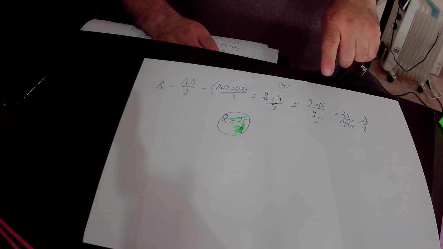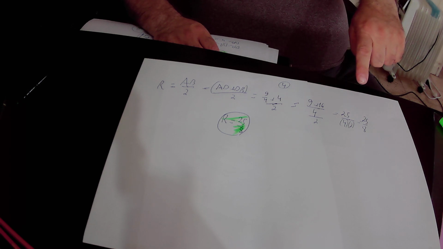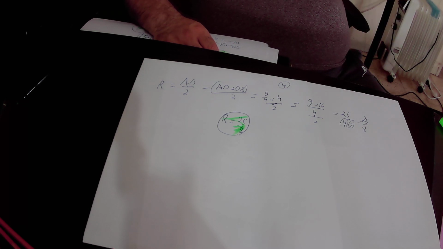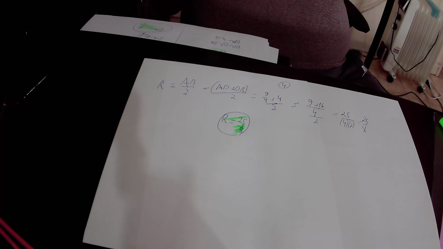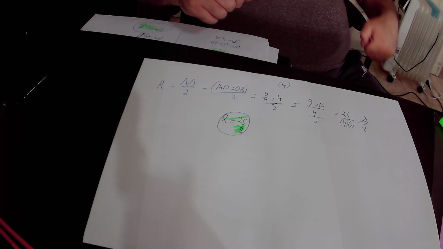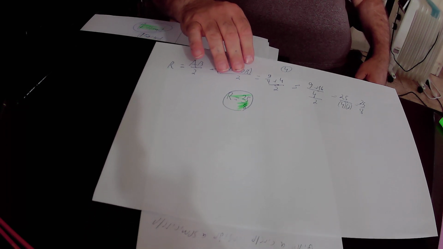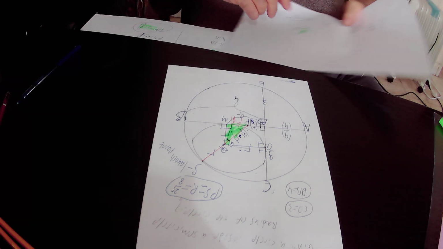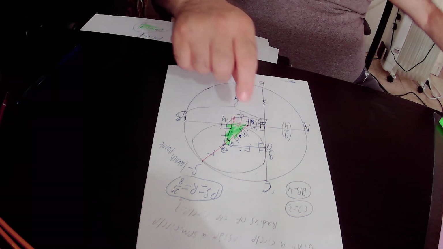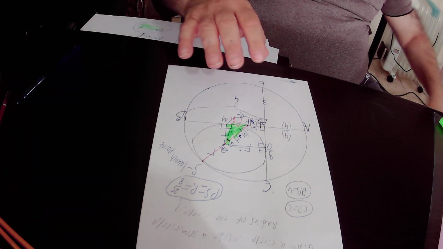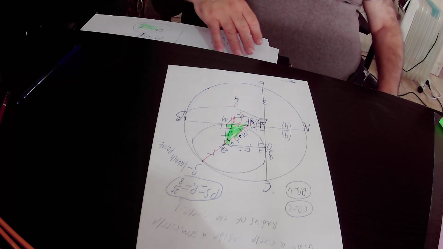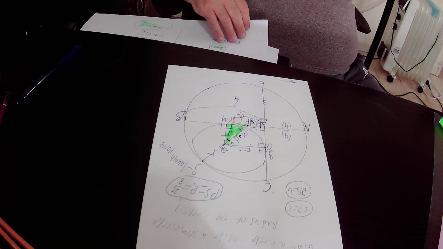And then we moved 2 to the denominator, and we got that capital R equals 25 over 4 times 2. 4 times 2 is 8, so in conclusion we found out that the radius of the big circle, capital R, is equal to 25 over 8 units. The radius of this big circle, that is also the radius of the semicircles, is equal to 25 over 8 units. Okay?